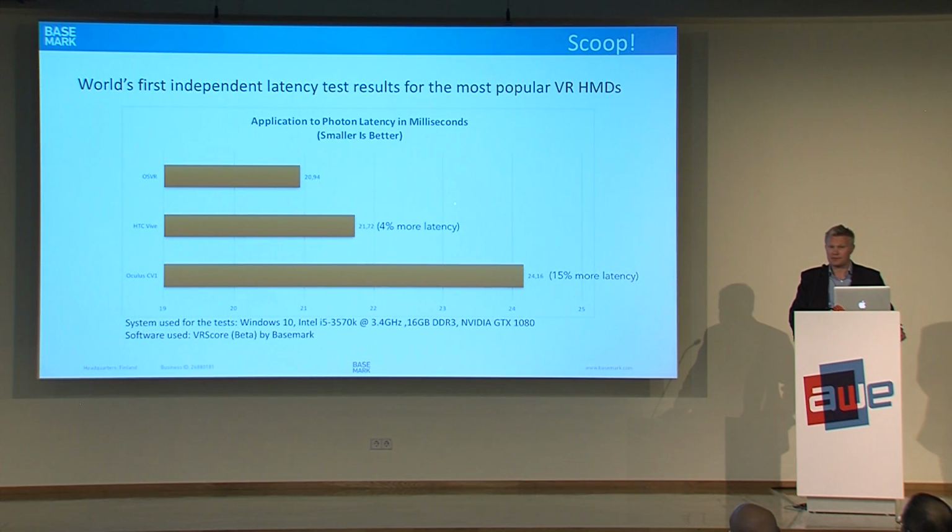HTC Vive is about the same, only a 4% difference. But then there's quite a big gap to Oculus, which is already at 24 milliseconds. So according to this data, it's not able to render in real time exactly the frame that you need if it is to keep the required FPS.